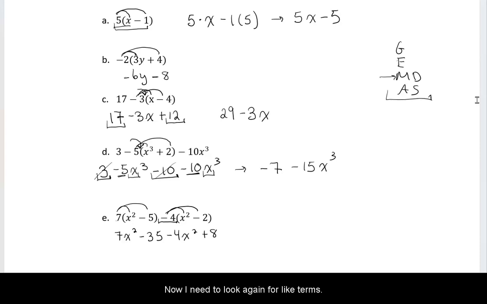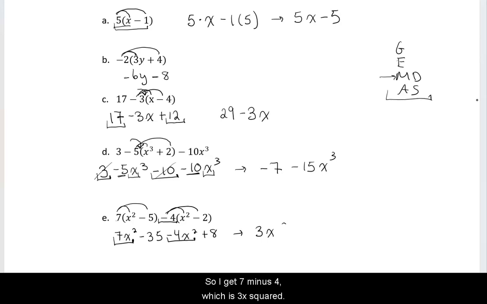Now I need to look again for like terms. So I see an x squared here, another x squared here. Again, that sign travels with the coefficient of the x squared. So I get 7 minus 4, which is 3x squared. And then I have negative 35 plus 8.